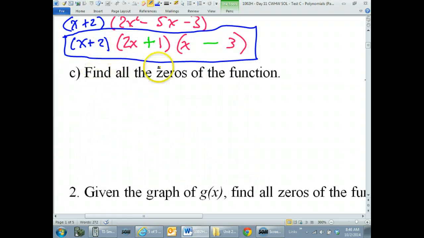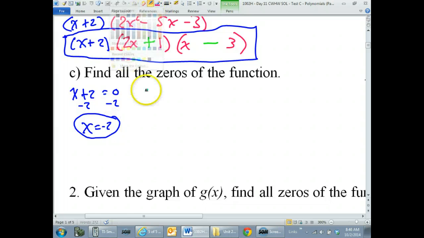For part C, we need to find all the zeros of the function. How am I going to do that? Yeah, set each one of these factors equal to 0. So if I set x plus 2 equal to 0, subtracting 2 from both sides, I get x equals negative 2. So that's one of my zeros.